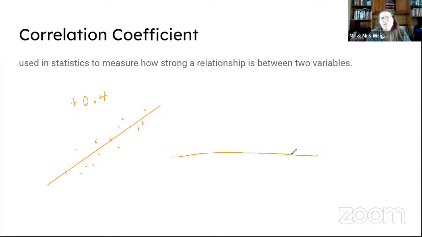If it's neutral like this, it's going to be a 0 correlation coefficient. And if it's negative, it's going to look like a negative slope. So the correlation coefficient has to do with the data, the scatter plot, and how closely it relates to the line that it's representing and what direction it's going.